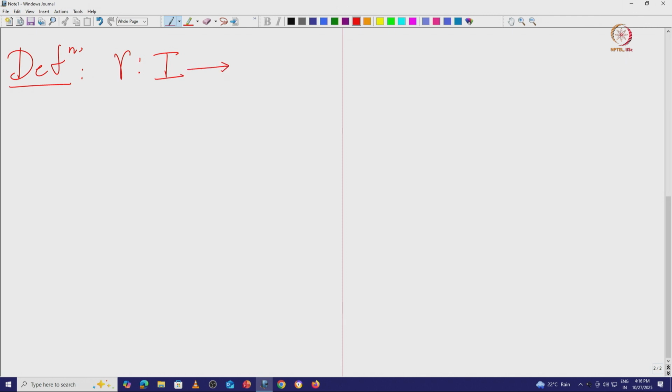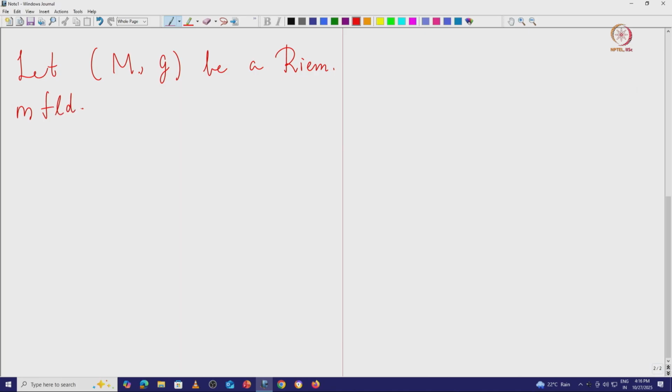So let us now go back to an arbitrary Riemannian manifold. So let (M, g) be a Riemannian manifold, okay. So here is a definition.